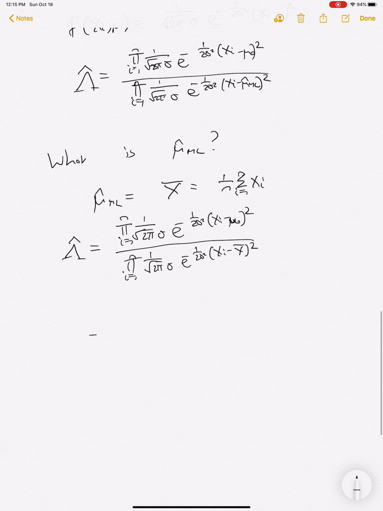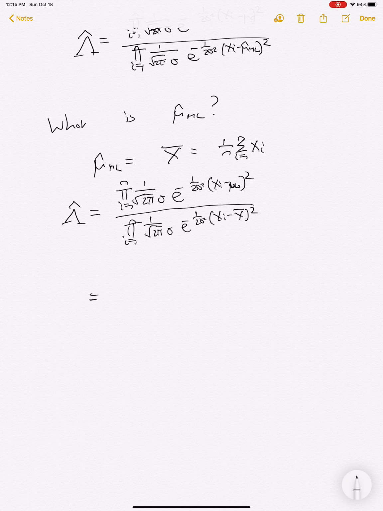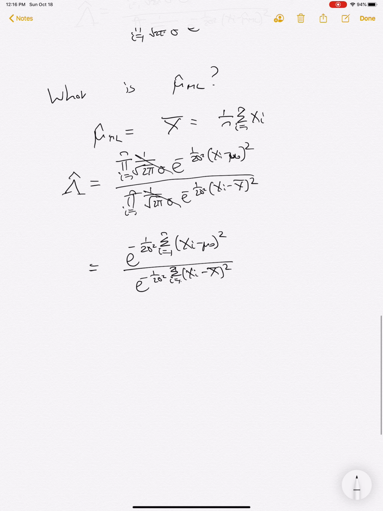Now if we expand this out a little bit, clearly the numerator's constant completely cancels, and because we've got the product of exponentials, you can rewrite that as the exponential of the sum.